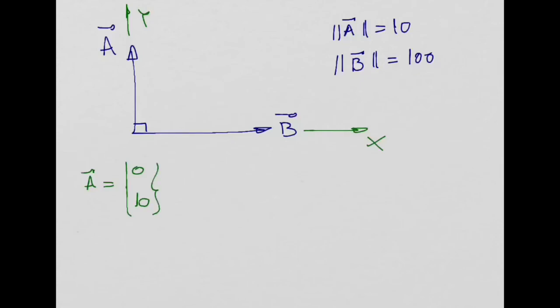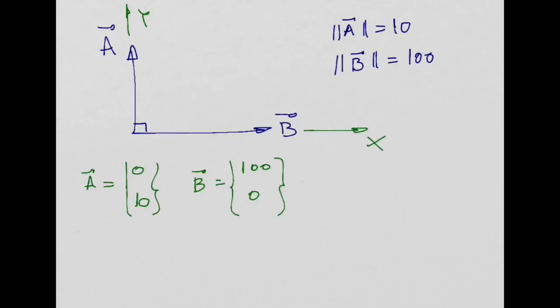You all agree? My vector B only has a component in the x direction, and that component is the norm of B, which is 100. So this will be 100, 0. Everybody's following?